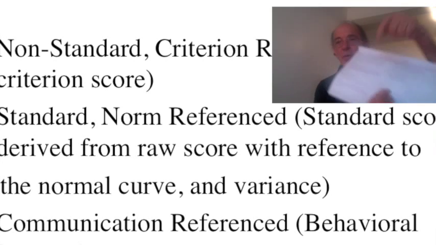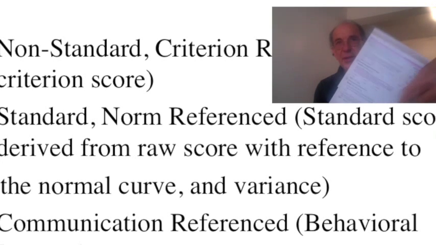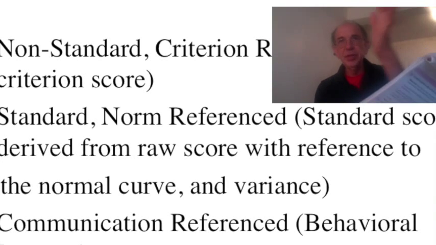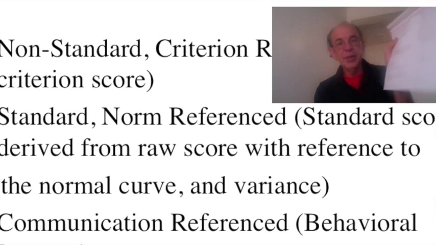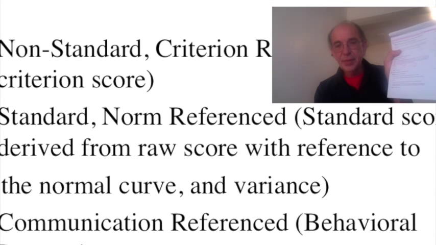The child gets a point if they do what they're told. They follow the instruction. That's the criteria that the test creator, the person who created the PLS, expected. That's the behavior.